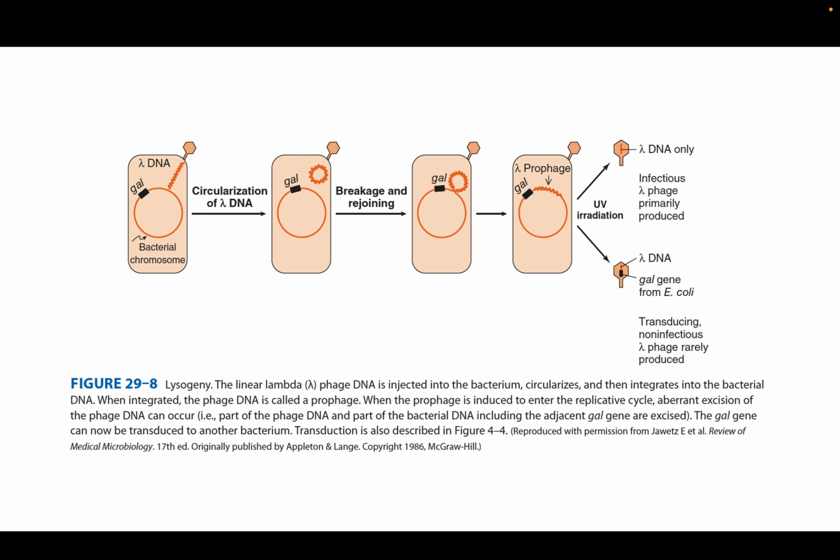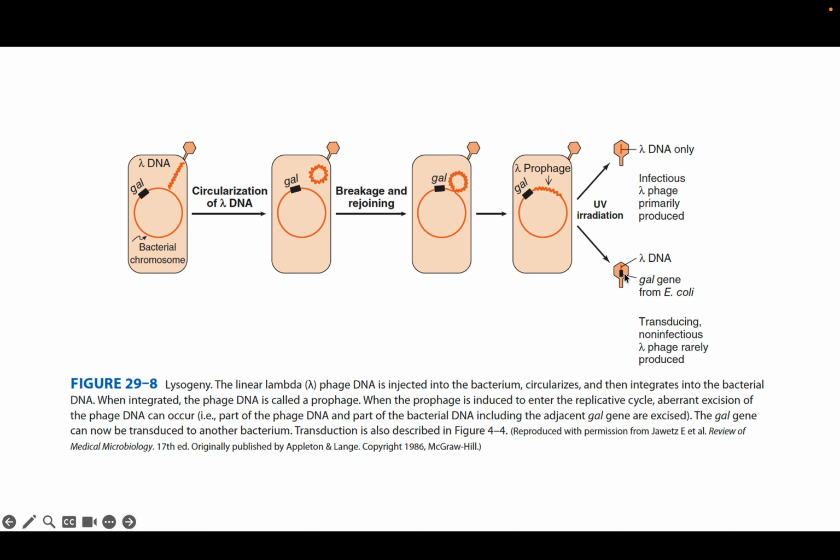bacteriophages. Sometimes the prophage is excised correctly and you get these very infectious bacteriophages, but sometimes it's excised incorrectly, and in this case you would take a bit of the bacterial DNA and it's encoded in this bacteriophage, and this bacteriophage suddenly is not infectious because it doesn't have its full genome.